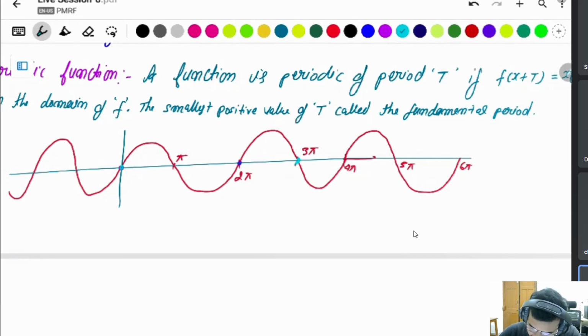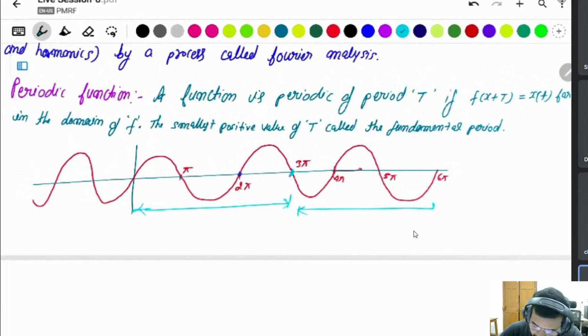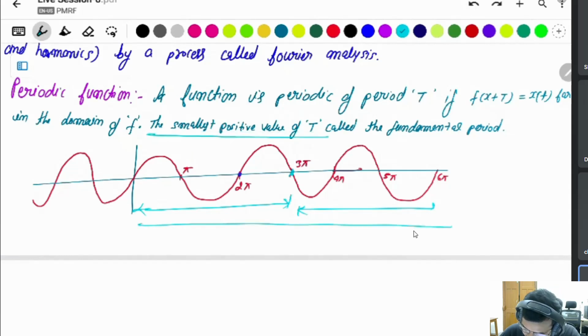If we take from this point to this point, the signal also repeats, but the definition mentions the smallest positive value of T. This is not the smallest value of T after which the signal repeats. That's why you should check what the smallest time period is, after which the signal will be repeated.